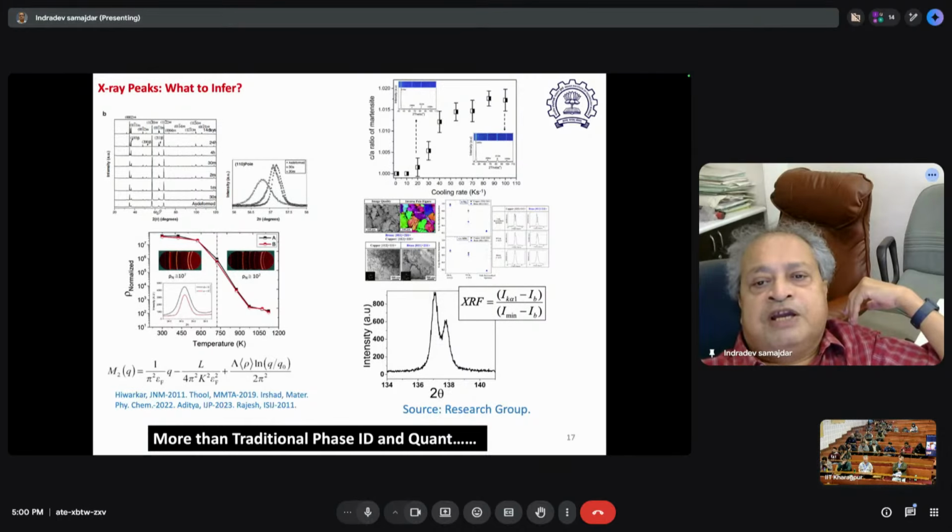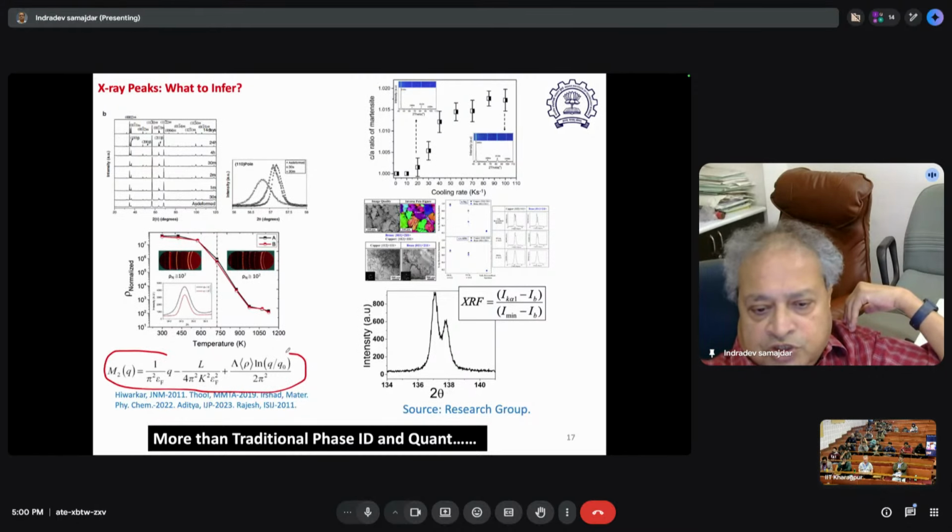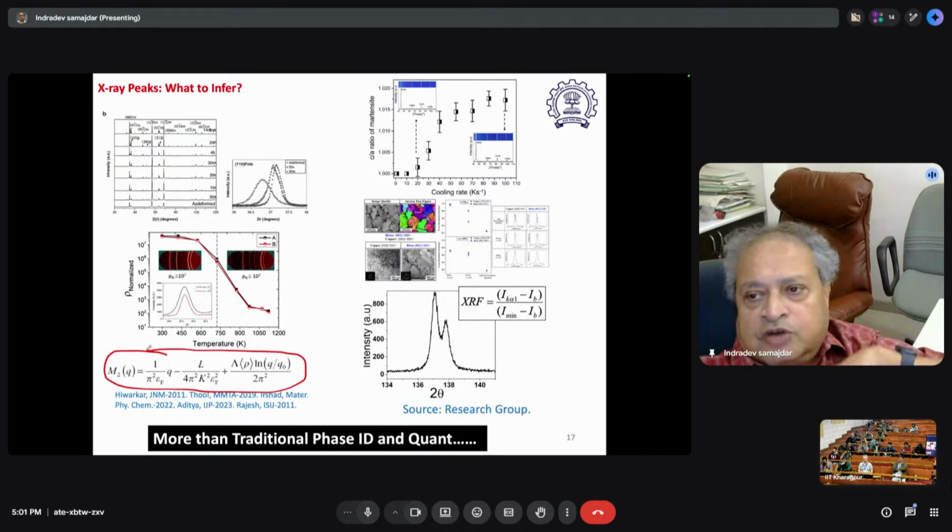Of course, peak can shift, but the entire peak thing depends on this kind of Ungár type of equation. It has a component of size, but that fortunately goes to the nanocrystalline range, and the defects. You can look at the c/a ratio, fairly routine.